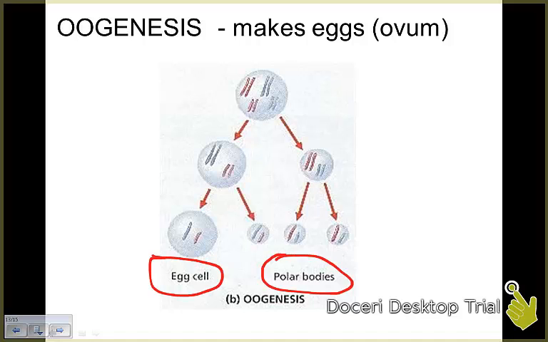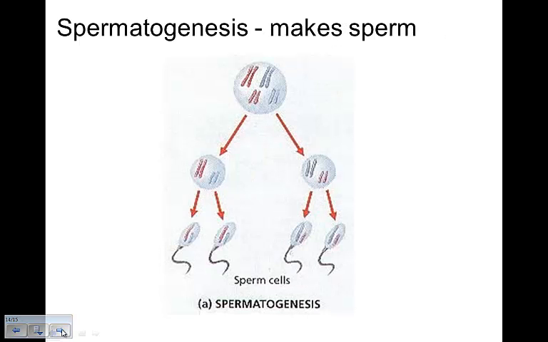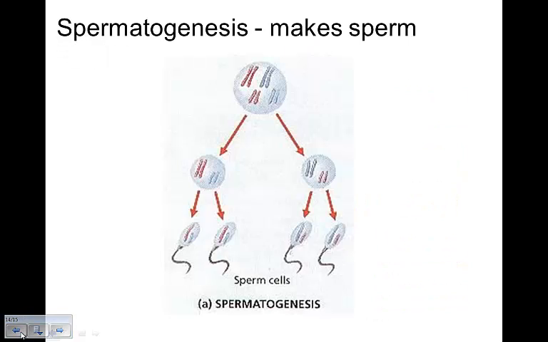We're going to talk about that a little more in the pre-AP class, but just store that in your memory banks. We'll revisit that. And then with spermatogenesis, we're going from the diploid all the way down to the haploid here.